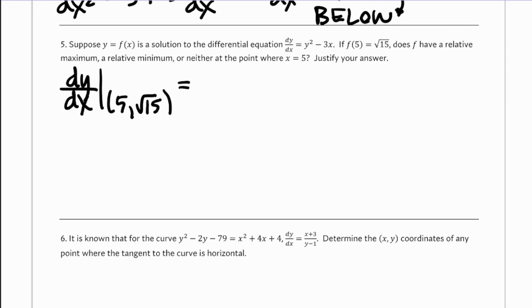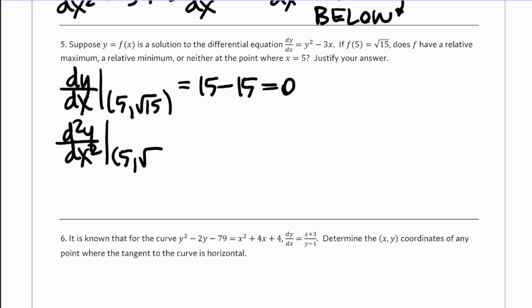It's going to be y squared minus 3x, and that's 0, so I have a potential extremum. And then the second derivative at 5 and the square root of 15, well, I'm going to have to take the second derivative first, but it shouldn't be too hard to find.